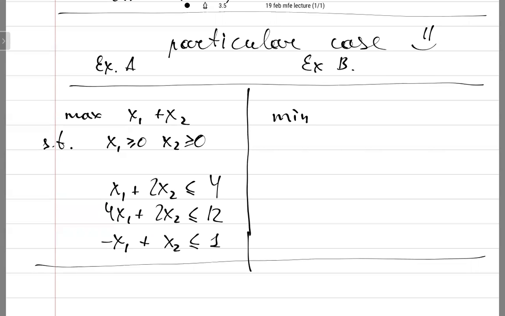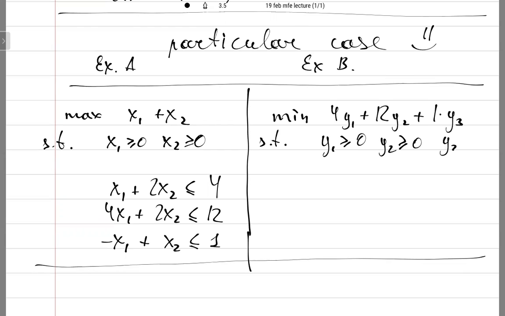So my problem will be: minimize 4y1 plus 12y2 plus 1y3 subject to non-negativity constraints and two inequality constraints. 1y1 plus 4y2 minus 1y3 will be greater than or equal to 1.